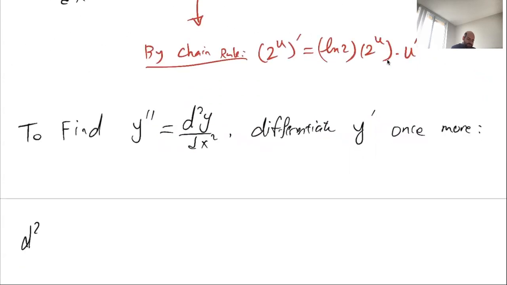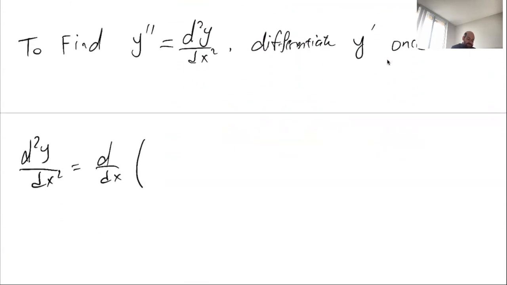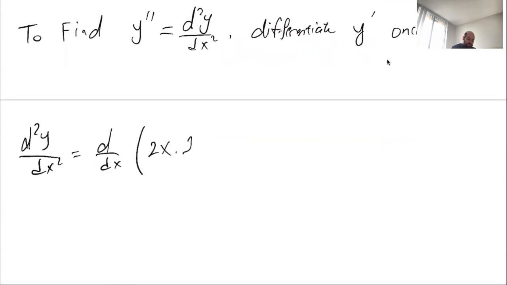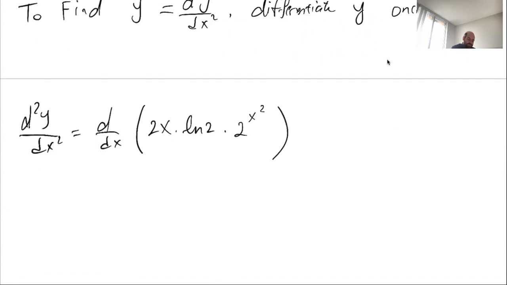So d squared y over dx squared is equal to d/dx of 2x ln2 times 2 to power x squared. So 2 ln2 is a constant. I can take it out.